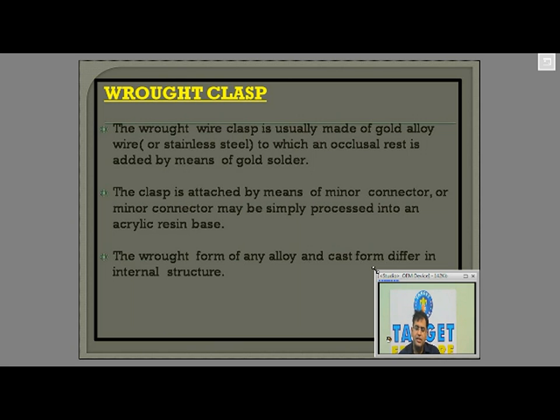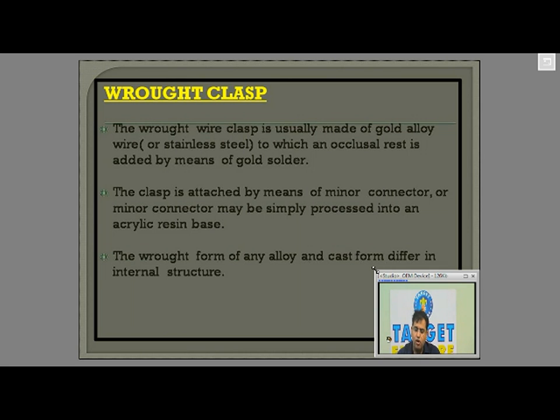So the first question is the clasp which is indicated for Kennedy class 1 and class 2 partial denture. As we all know, a cast circumferential clasp is contraindicated in a Kennedy class 1 and Kennedy class 2 arch.